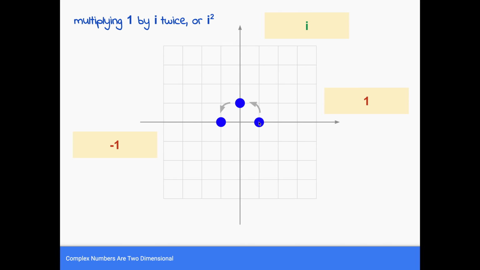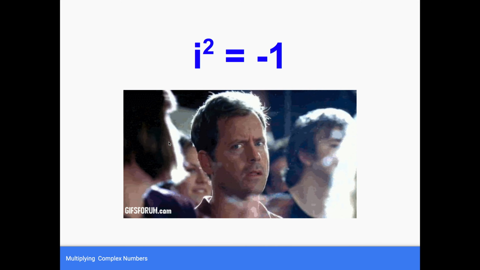Now if we have 1 here and multiply it by i, it moves around by 90 degrees anti-clockwise to become i. So it makes sense to think if we did it again, it would move around again by the same amount, and it would end up as -1. And in fact, that's it, i squared is -1.